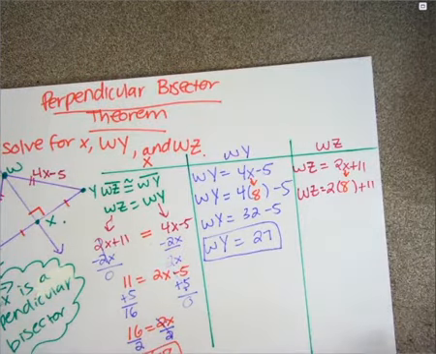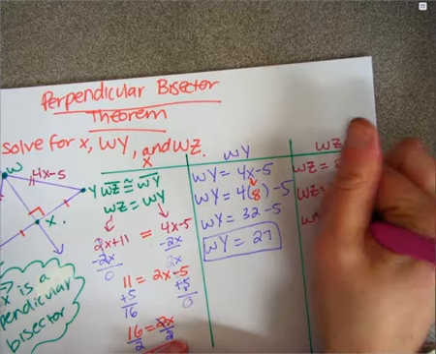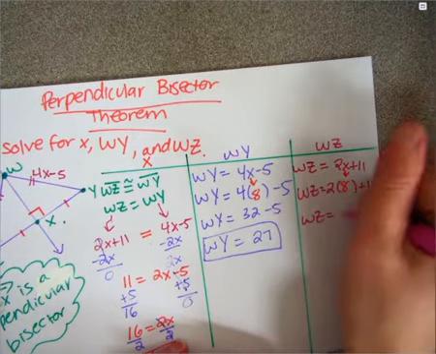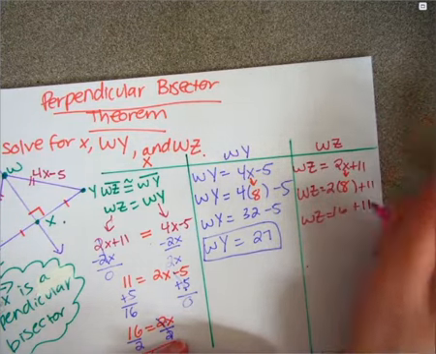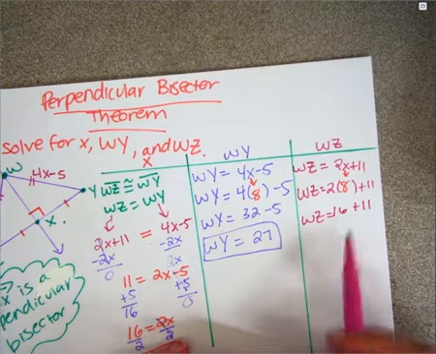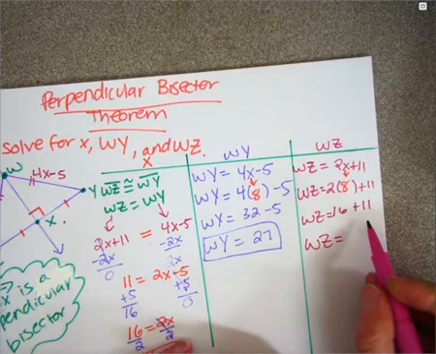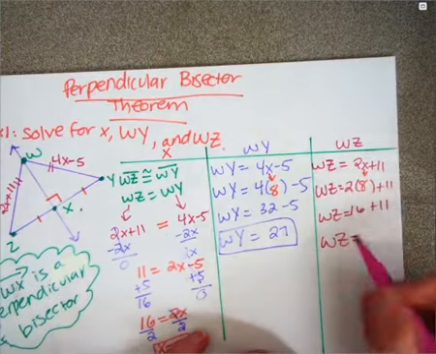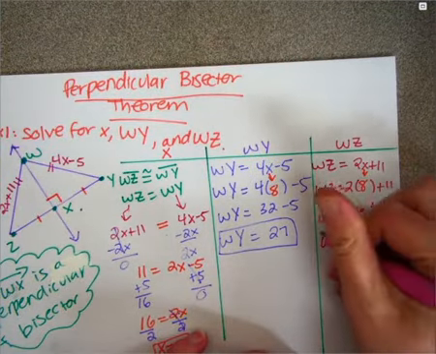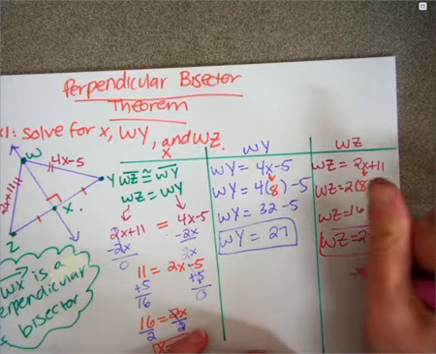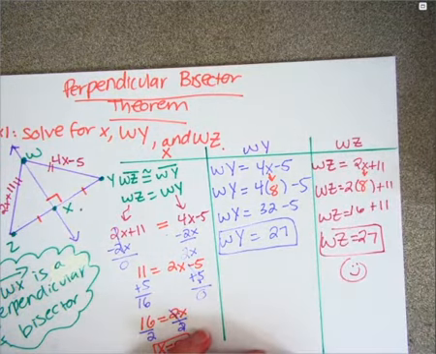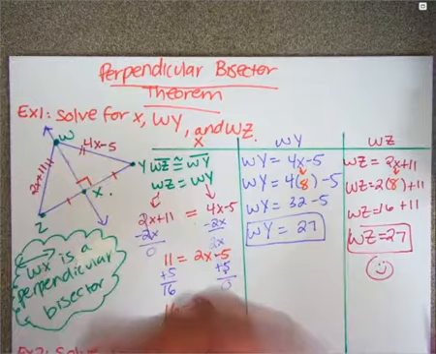So WZ equals 2 times 8, which is 16. I hope it works out. This is making me nervous. WZ equals 16 plus 11, which is 27. Yay! That's exciting. So I'm going to put a smiley face because I'm glad we got the same answer. So these two are equal, which is awesome, right?